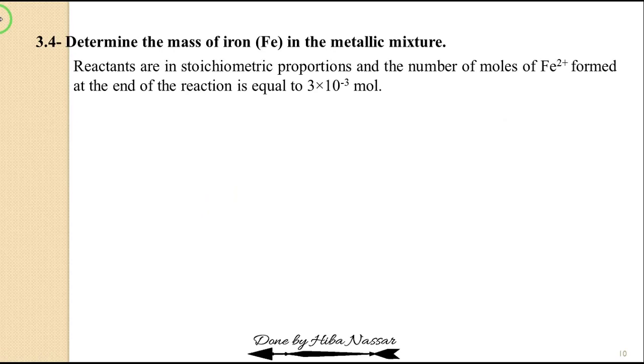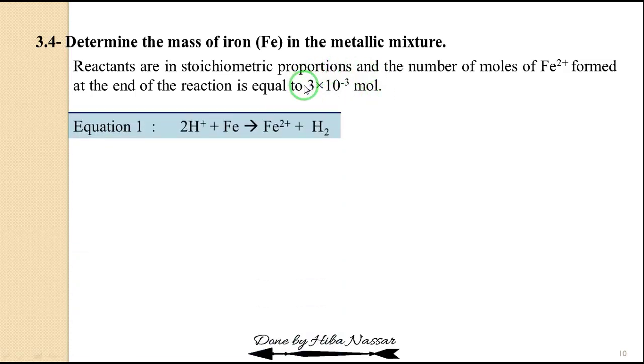Now 3.4, determine the mass of iron Fe in the metallic mixture. Here, according to the given information, reactants are in stoichiometric proportions and the number of moles of Fe2+ formed at the end of the reaction is equal to 3 times 10 to the power minus 3 moles. So it's very important information here.